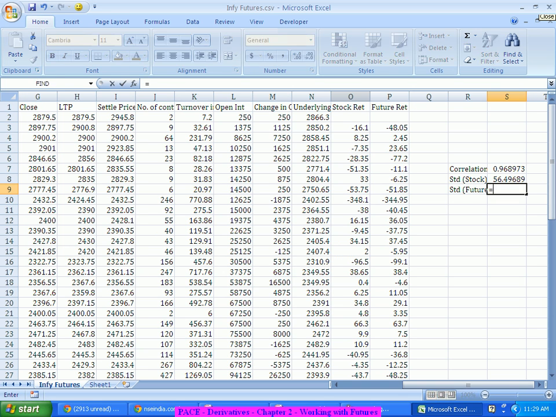Similarly, when I go exclusively in the future market, I'll take STDEVP on the future returns. This is giving me almost the same, 56.76, which means if I choose either the exclusive spot market or the exclusive futures market, there is a good chance of either losing or gaining.